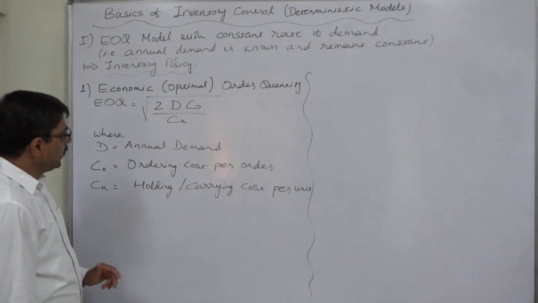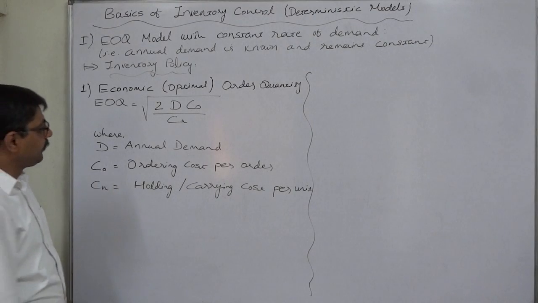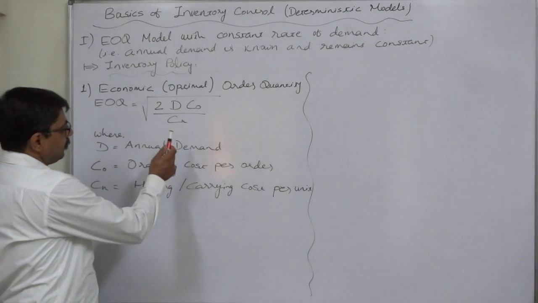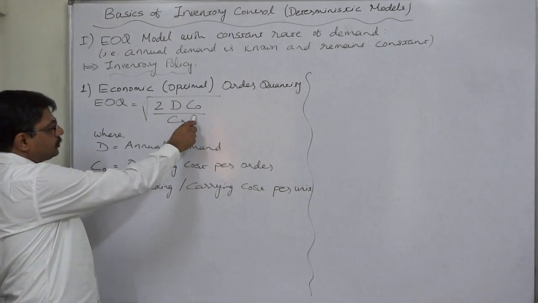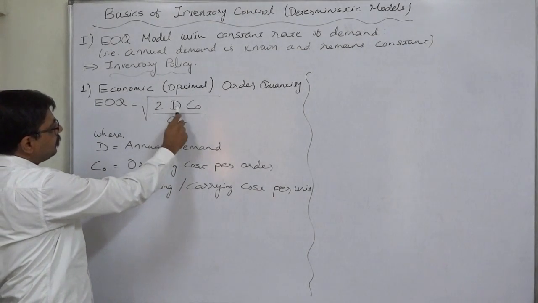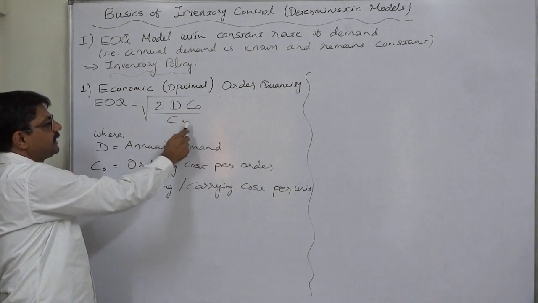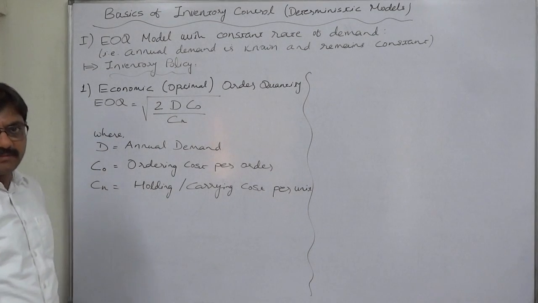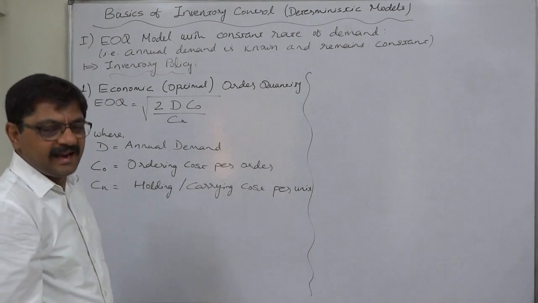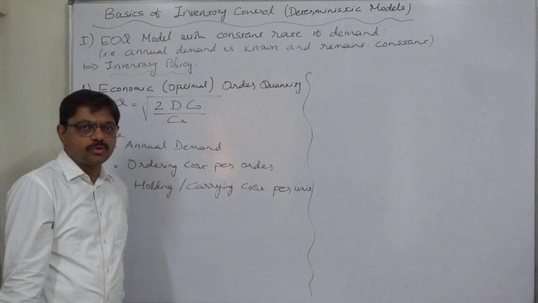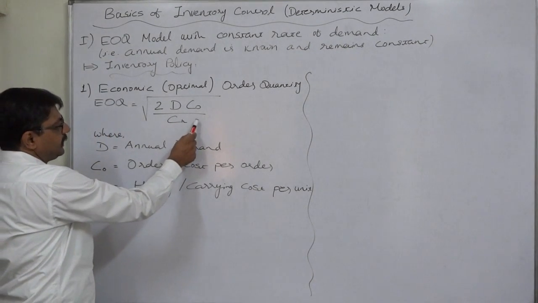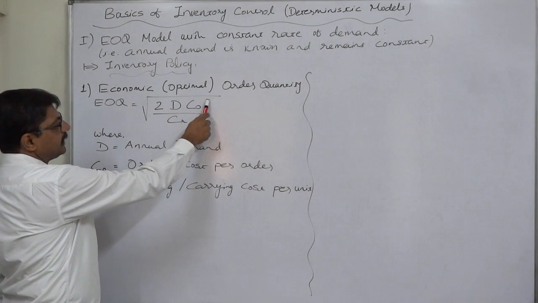Now in the formula, actually if we derive the formula, the original derivation shows that the formula is under root D into CO divided by half of CH. That means CH divided by 2. And as we know from our primary school days that denominator of the denominator is multiplied with the numerator.